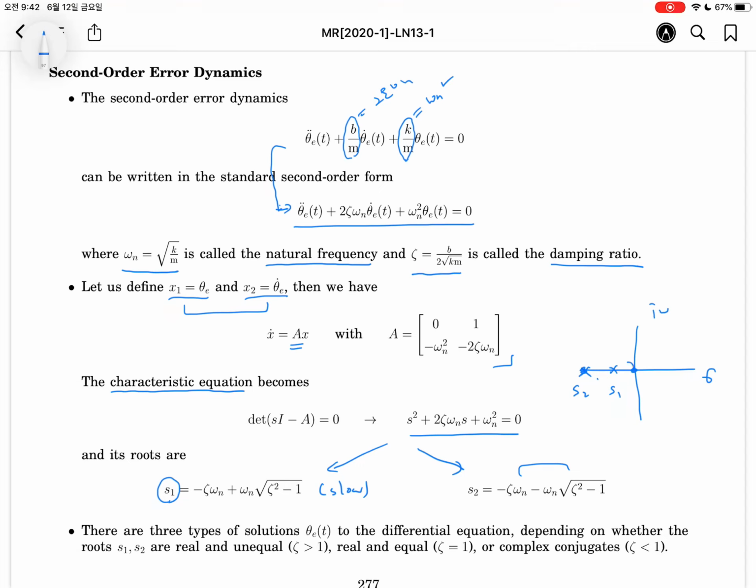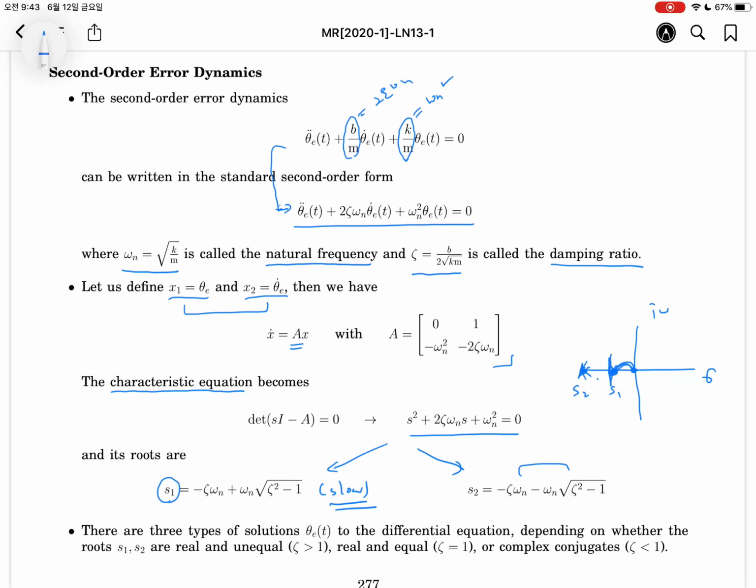We say that the near-origin eigenvalue, the root, is called the slow one, because the time constant is determined by this value. The time constant will be very large compared to S2.